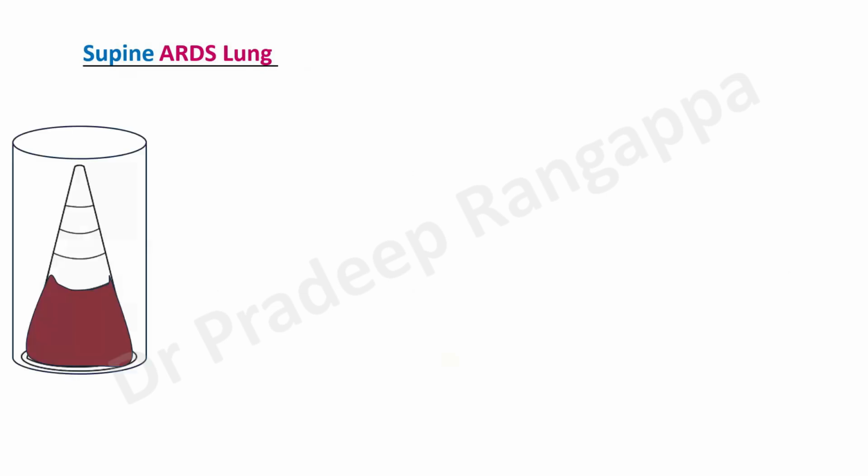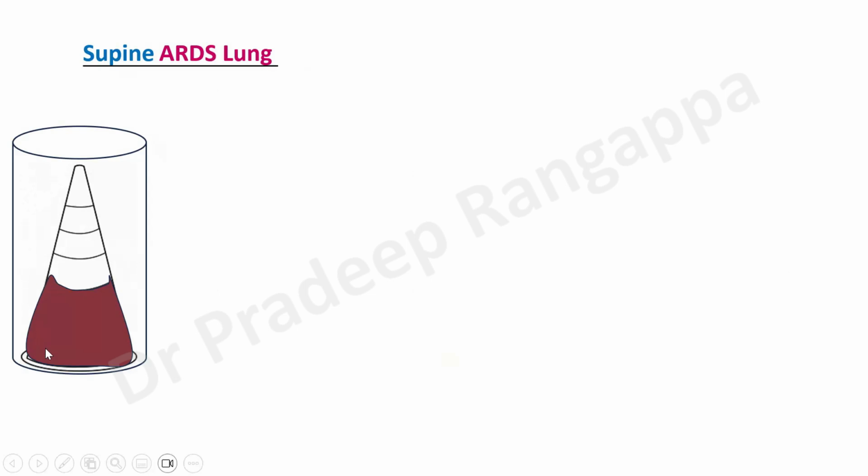When you look at the supine ARDS lung, this is the shape matching which I was telling you about. You are looking at the lung as a conical structure. This is just an image I've created to simplify your understanding. Even in exams, they ask you to draw this picture. You are looking at the lung as a conical structure within this cylindrical rigid chest wall.